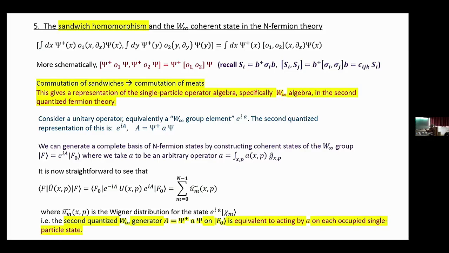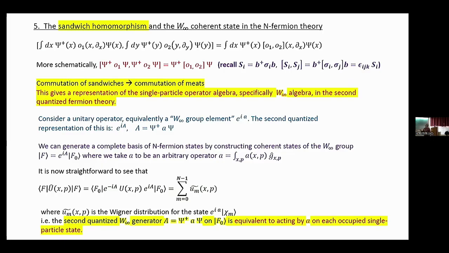This is pretty similar to what we already know about the construction of Heisenberg spins in terms of fermions or qubits, where the commutator of Si and Sj is given by B dagger, and inside you have the commutator of the sigmas. By using therefore the commutation of Pauli matrices, you can derive that Si and Sj satisfy the SU2 algebra.